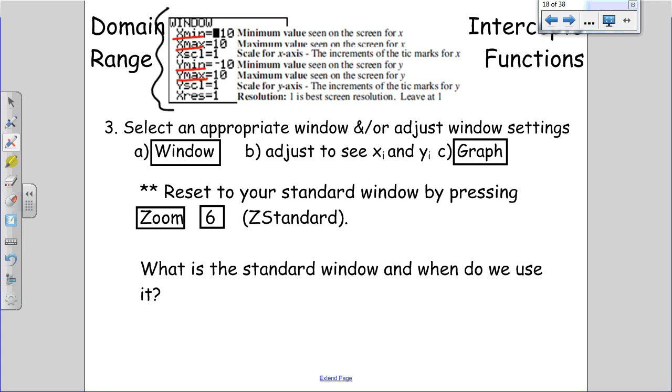Alright, what do X min and X max mean? That's saying this is the lowest X value that you'll ever have on your graph, and the highest X value you'll ever have on your graph. So if you're thinking about a graph, that means they're talking about how far left and right you're going to go. X min is over here. X max is over here.